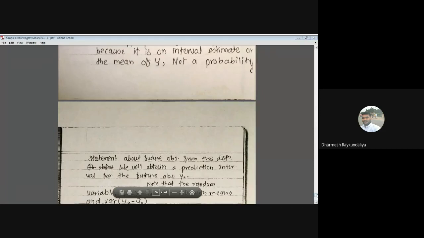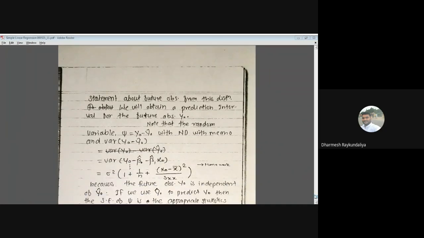So we will obtain a prediction interval for the future observation y0. Y0 is nothing but the future observation. We don't know which observation value it is, but we try to find the prediction interval for y0.